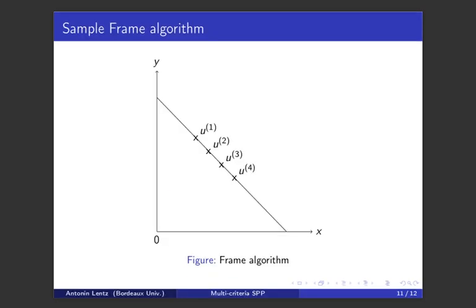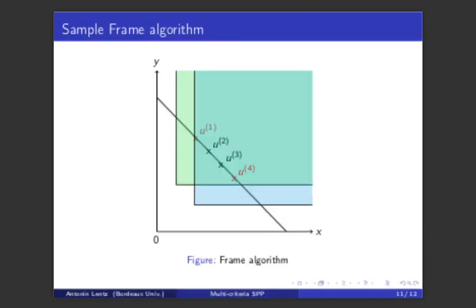And for the FRAME algorithm, if you got path of the same rank here on the same line, and the green zone is the 1% coverage of U1, the blue zone is for U4, then you can prove that if U1 and U4 are covering each other, then you can remove any path in between and still get a 1% approximation at the end.